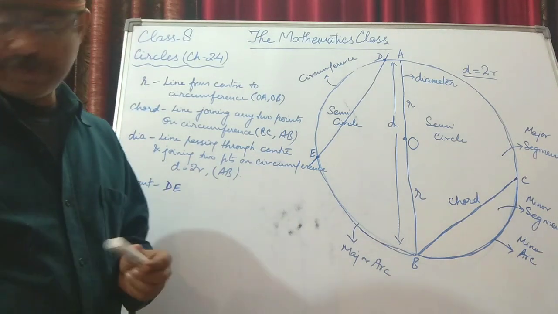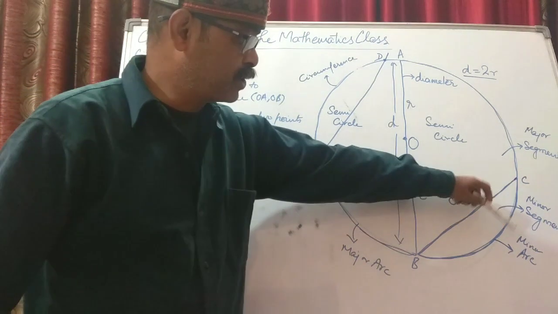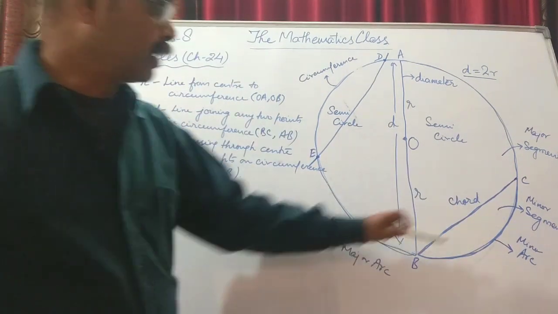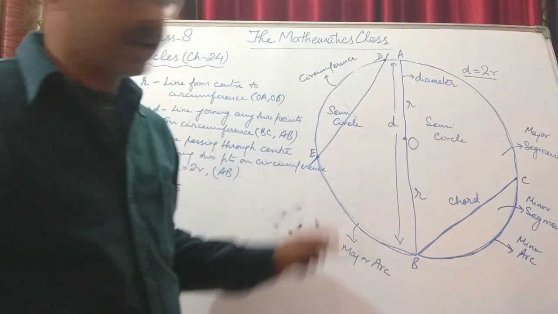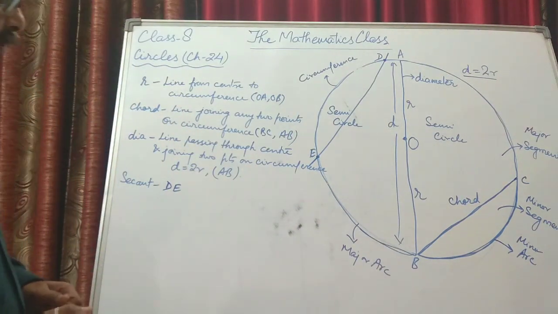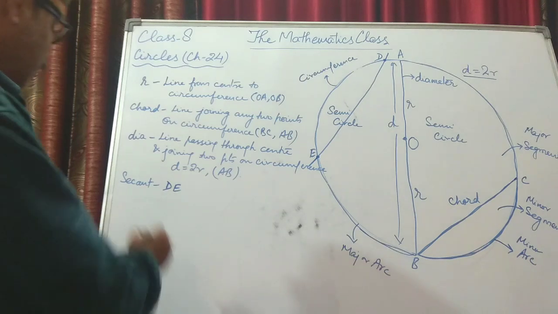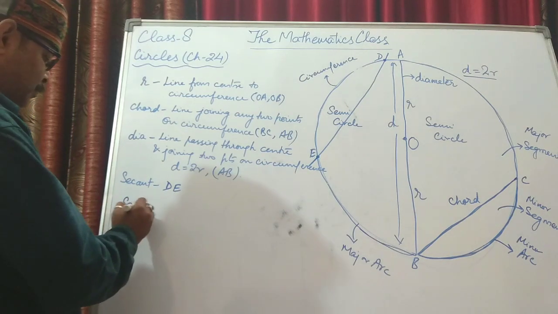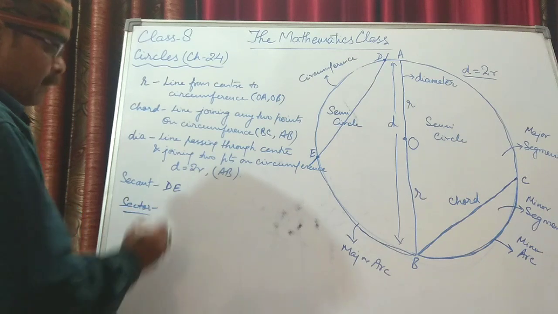Then arc, I have explained. Arc is a continuous piece of circle. That is the arc. This is minor arc. This is a major arc, and so on. Now, one more thing is there. That is sector. Now, what is the meaning of sector?